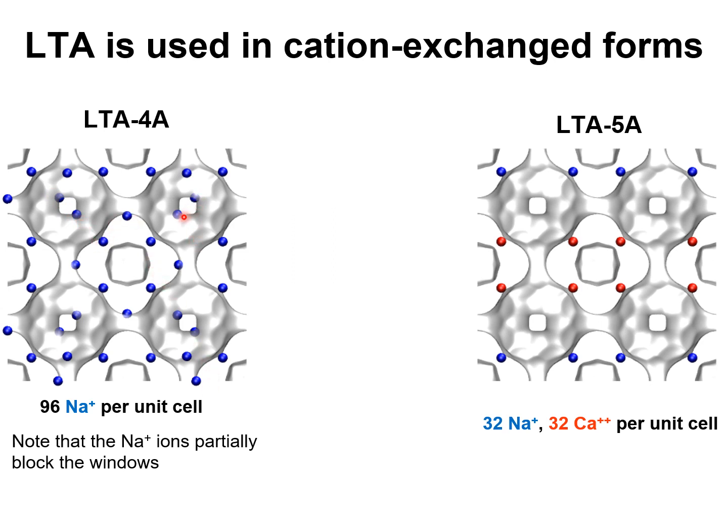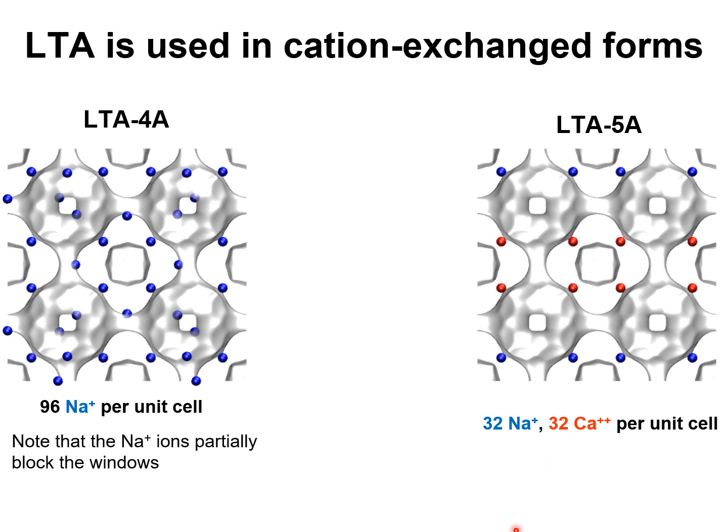Particularly noteworthy are these sodium cations that appear to partially block the window regions. This partial blocking of the window regions has a significant influence on the intercage hopping of gas molecules from one cage to the adjoining cage.